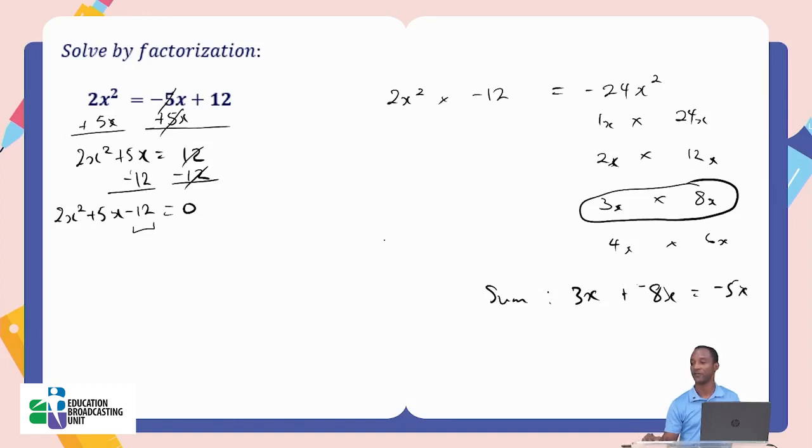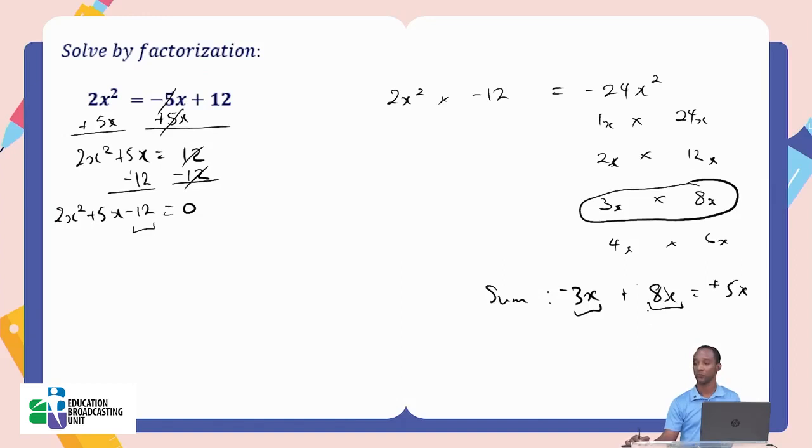Since we want positive 5x, we'll have to put the negative on the 3x. So that's negative 3x plus 8x, and that will give us the positive 5x we're looking for. Remember, when we add two like terms where one is positive and one is negative, we subtract and keep the sign of the larger quantity, so to speak. So we're going to keep the sign of the 8x, and that will give us positive 5x.